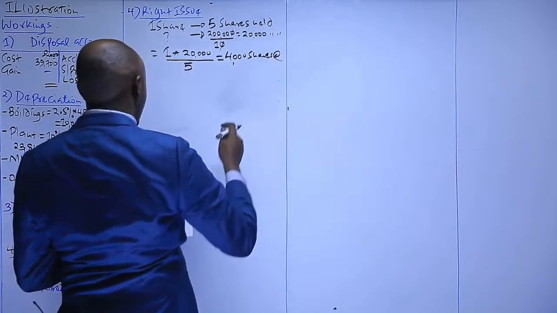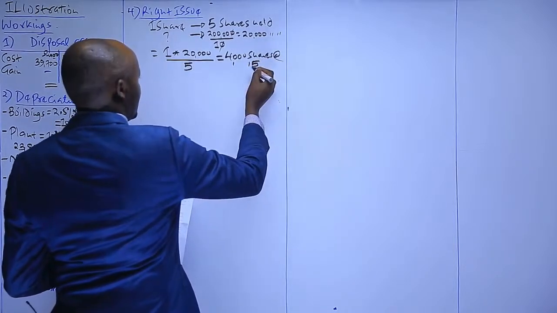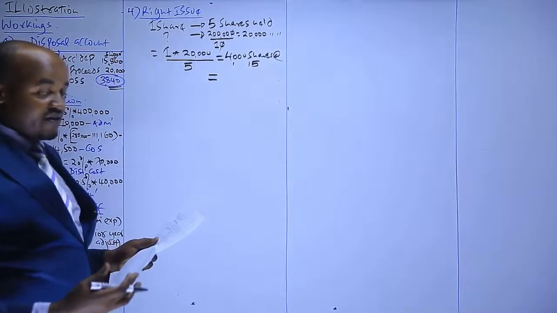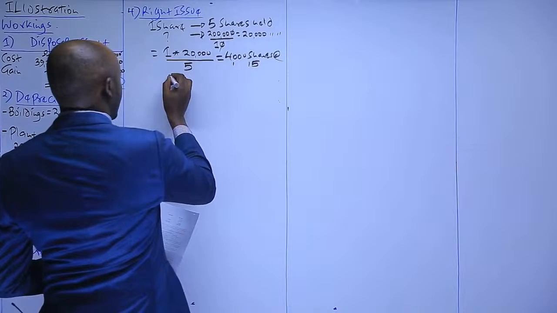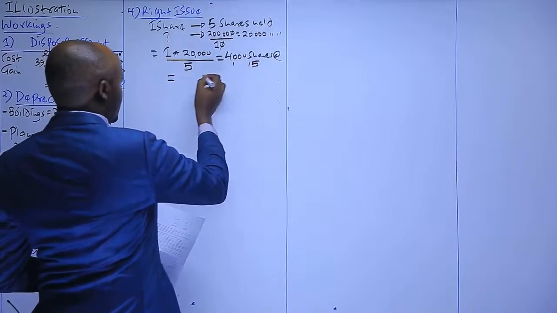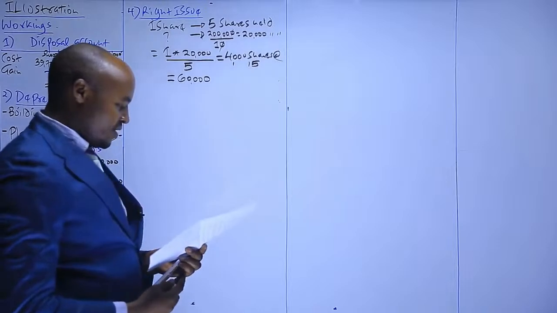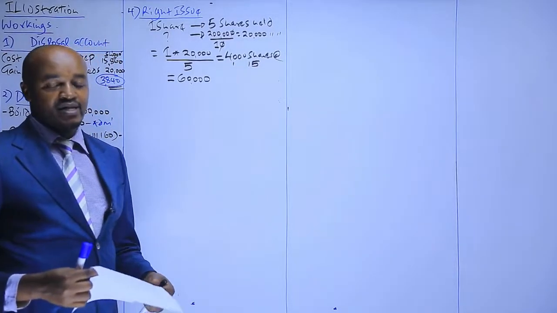And we are told that these shares were issued at an exercise price of 15. So we multiply the two, and basically this will give us the amount which was received by the company from the rights issue, which is 60,000.